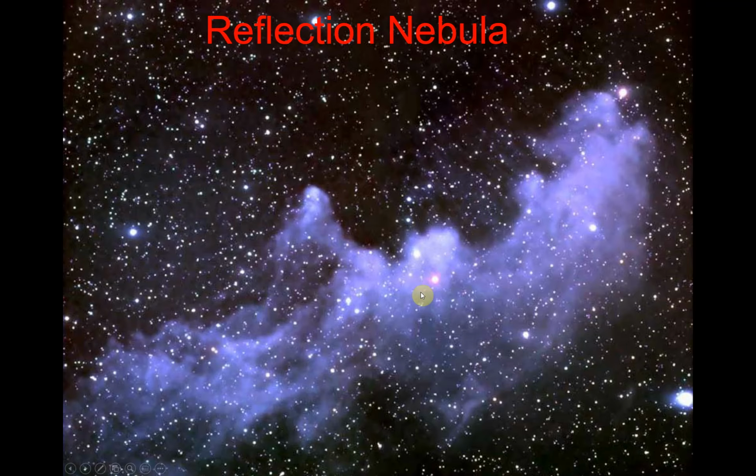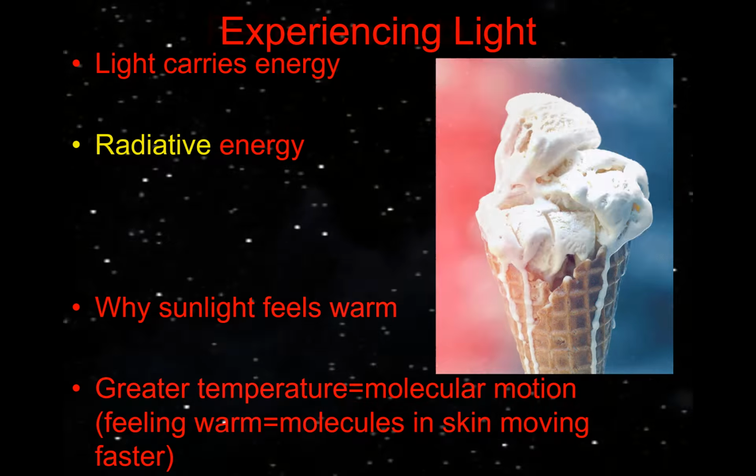If we were to look at this nebula, this cloud of gas out in space, we would actually see that this light was polarized, telling us that this cloud is not very energetic and is actually just reflecting light. The dust and the gas of this cloud is reflecting light to us. And that tells us something about the nature of that region of the universe.